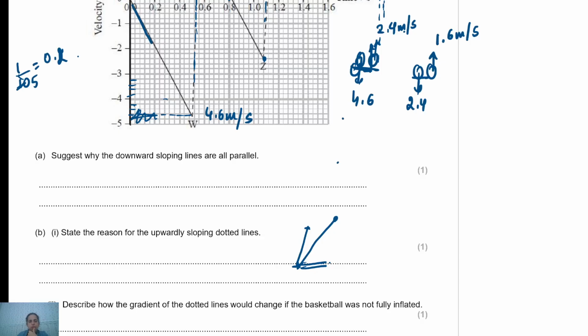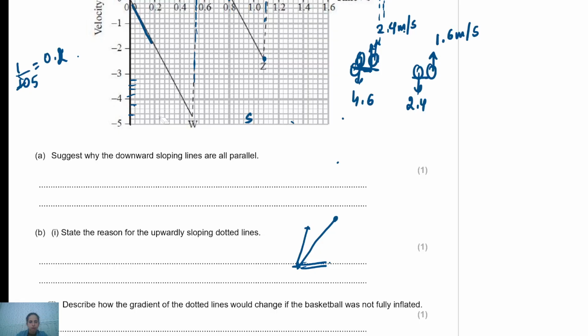Okay, we just need to be very exact here, because any error in our reading would bring error in our answers, and then we would end up losing the marks. So as you can see, this point is between the 4.6 line and the 4.8 line. So I'm going to take the speed here as 4.7.